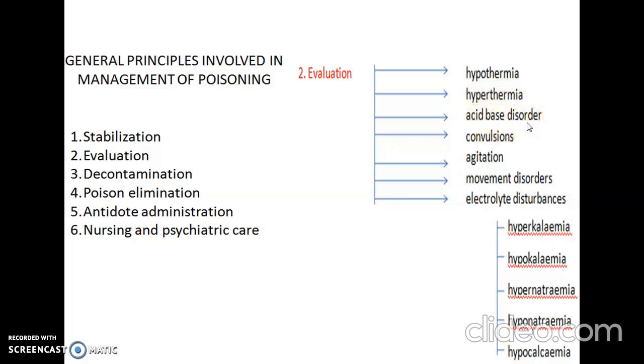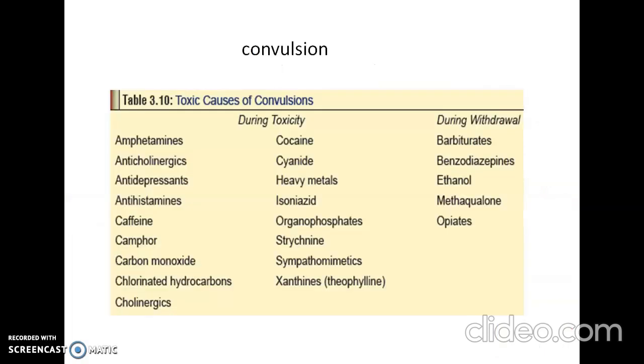Today, let us continue the discussion with a list of agents which can cause convulsion, agitation, movement disorder, and electrolyte disturbances, and how to manage them. As for convulsion and anticonvulsant agents, here I will be enlisting various agents which in higher doses can cause convulsion, and how to manage the situation.